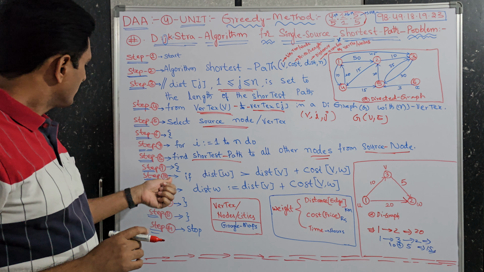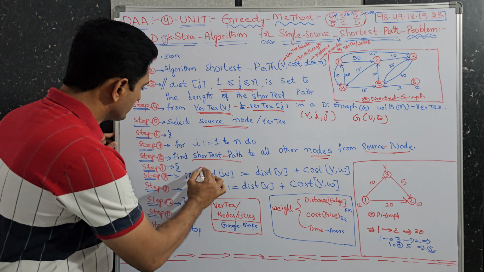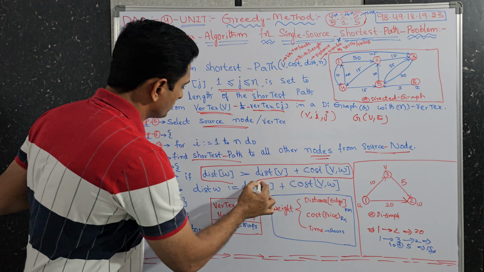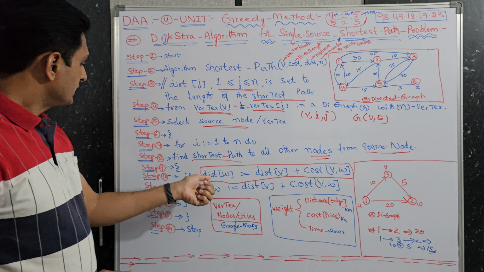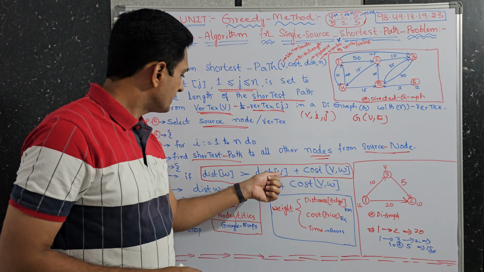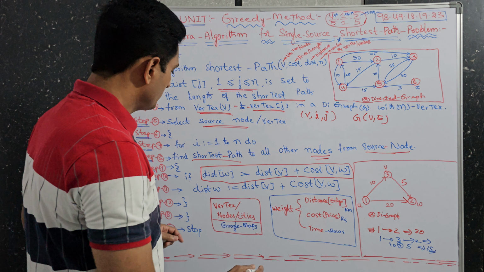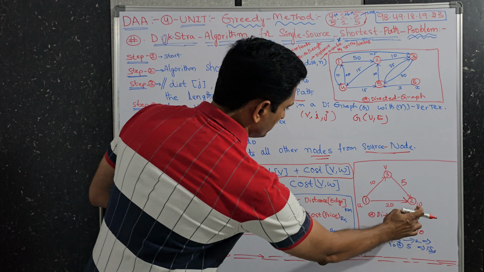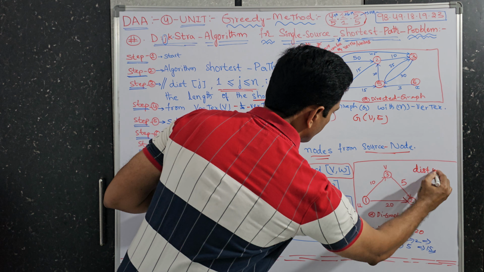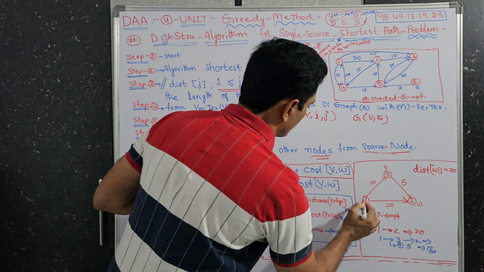Right? Here curly braces start, and a condition will be given. If distance W, I will put a box so that it will be visible. Distance W, which is one more vertex, is greater than distance V plus cost V comma W. For example, in this scenario, distance W is equal to 20 from the source node.